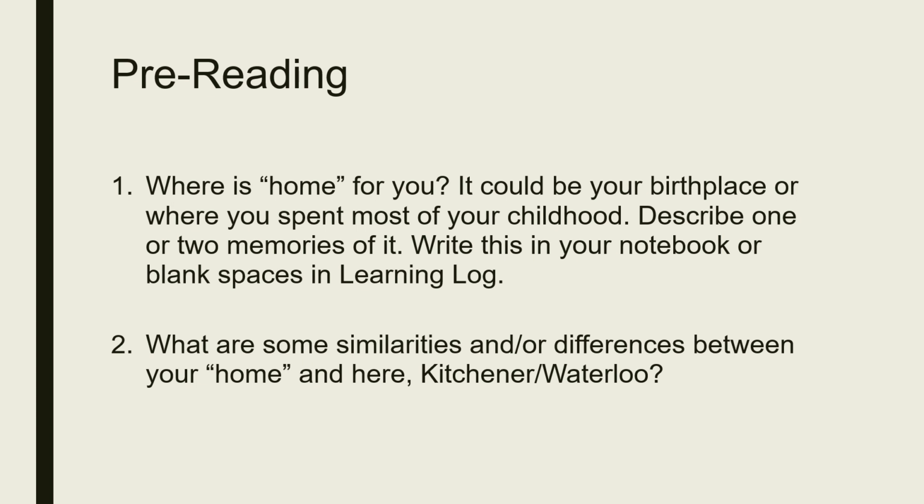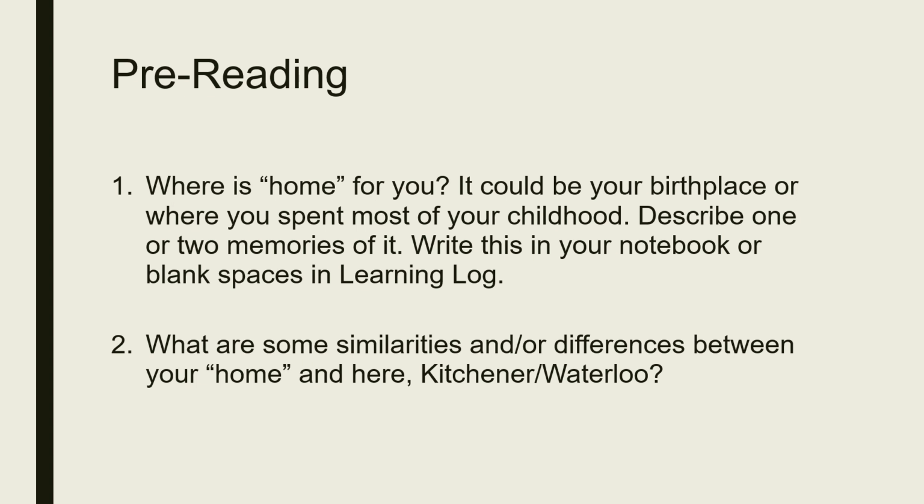So the first thing I want you to think about before you start reading is, where is home for you? Now, this could be the place where you were born, so your birthplace, or it can be where you spent most of your childhood. Where do you think of when you hear the word home?